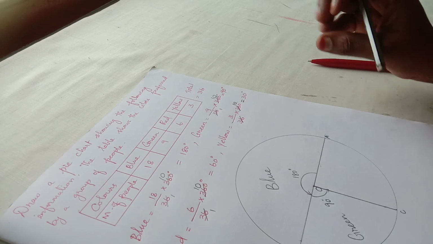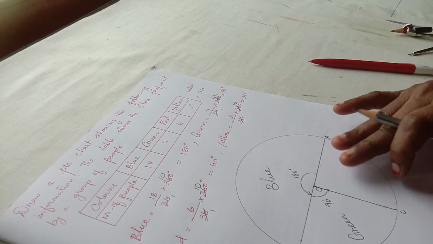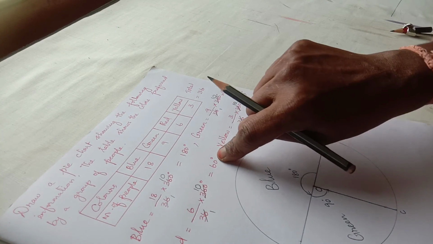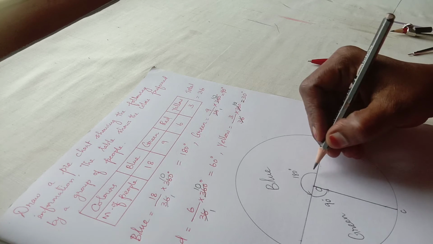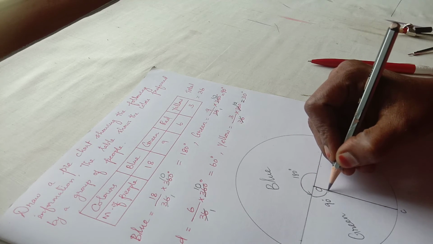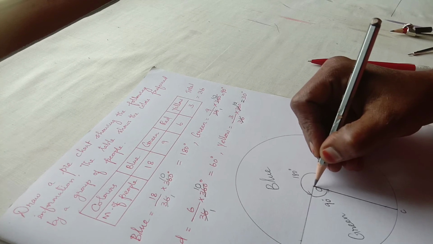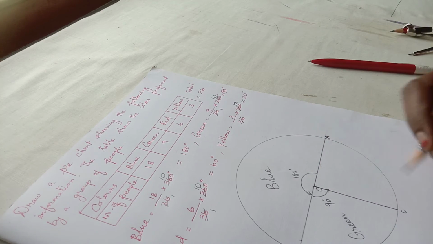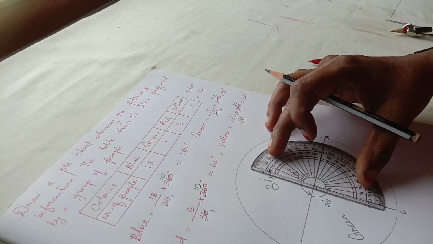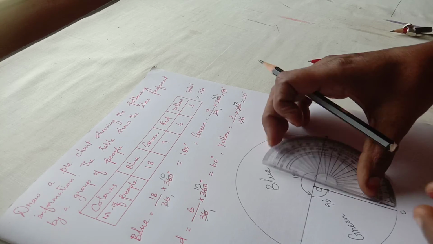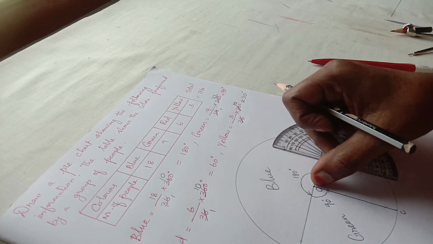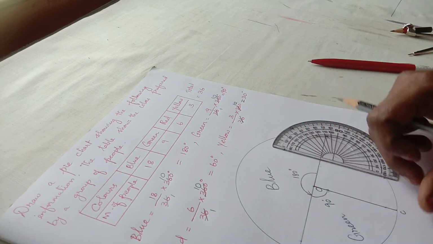Now two sectors we finished. Next we are going to red color. What is the angle? 60 degrees. See the arrow mark, we started and reached this position. This OC is the baseline now. We keep the center of the protractor on O and the radius OC as the baseline.